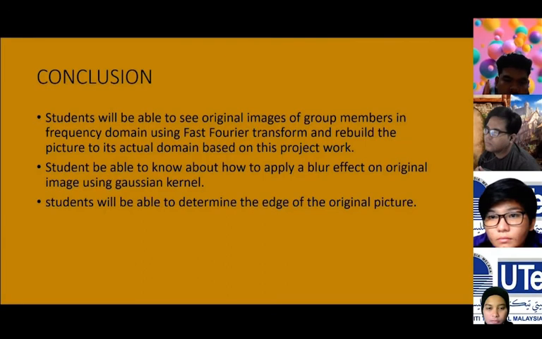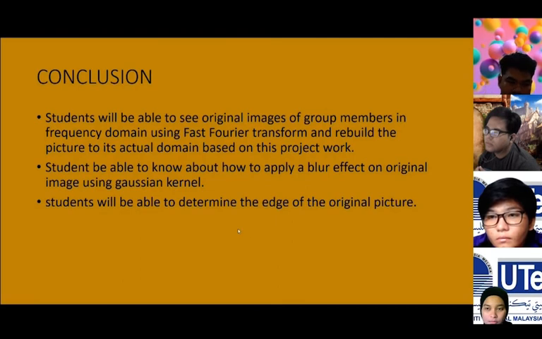Next, students will be able to know how to apply a blur effect on the original image using a Gaussian kernel. As Nur Nadia presented for part 2, the picture becomes blurry until we can no longer see the original image.